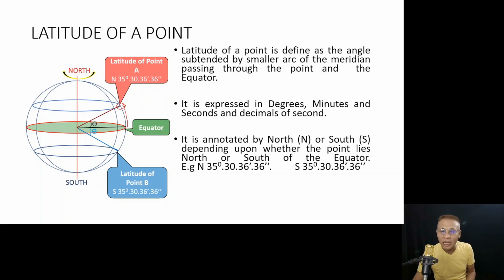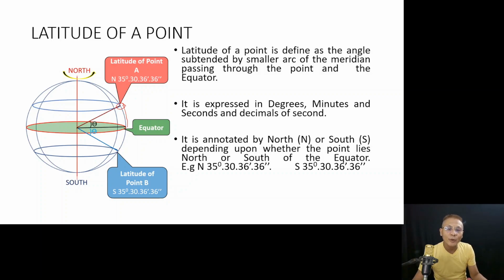This angle theta is known as the latitude of the point, and it is expressed in degrees, minutes and seconds. Since this particular point A lies north of the equator, its latitude will be designated by the letter N, which indicates that the place is in the northern hemisphere.